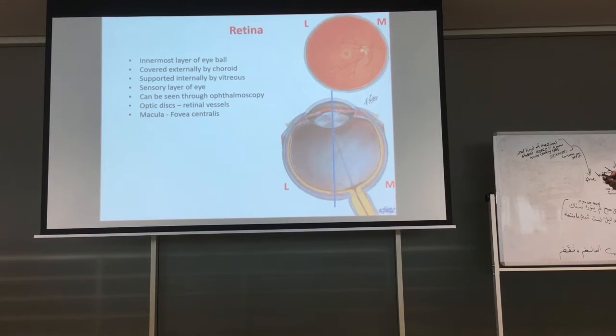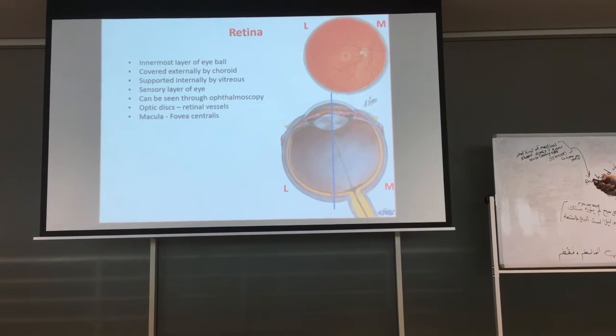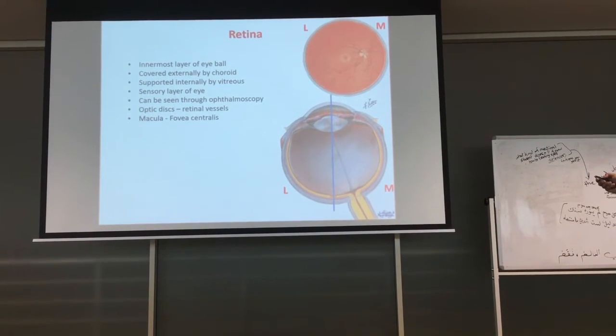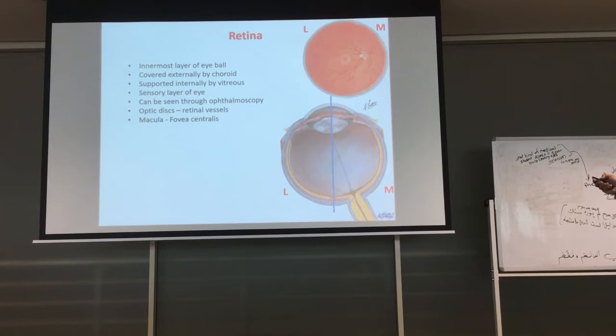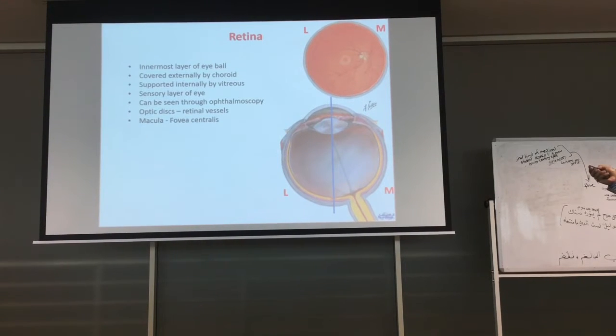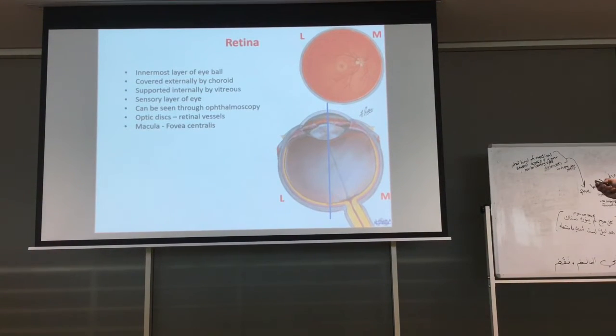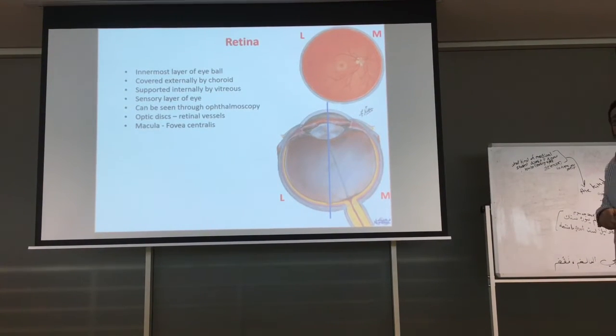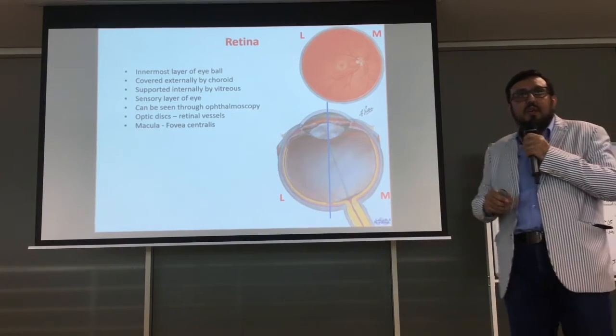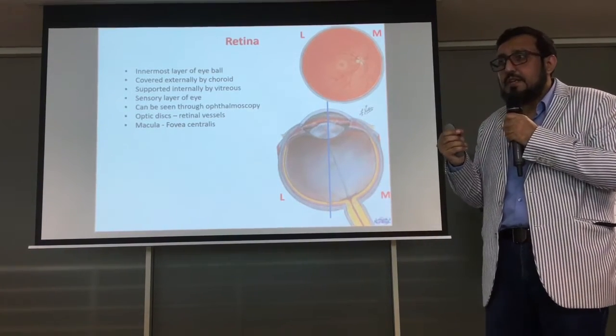You will find a spot in the center, which is the highest point of visual acuity, the macula, and on the medial side, you will find the point where all the retinal vessels are entering and going in different directions. This is the optic disc, which is the blind spot.